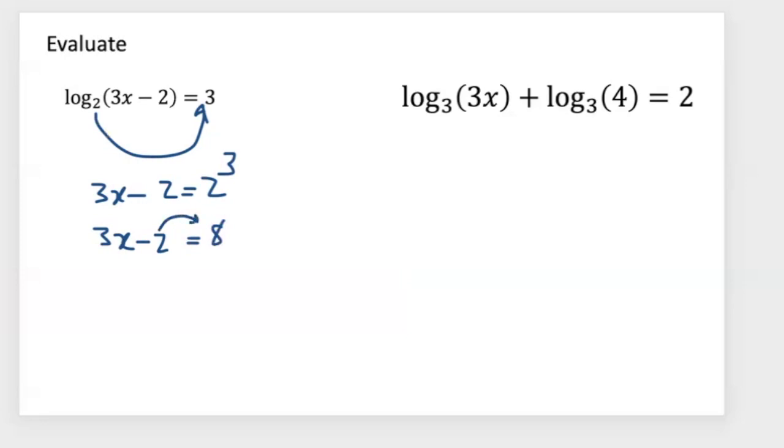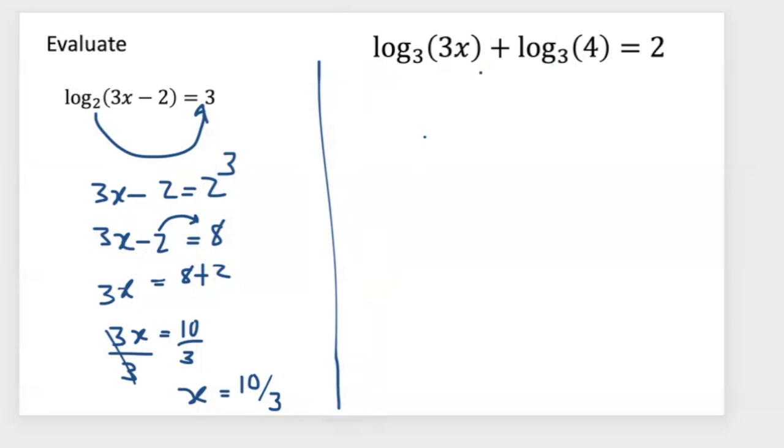Then carry over the 2, so I have 3x equal 8 plus 2. So 3x is equal to 10. Then divide both sides by 3. So x is equal to 10 over 3.